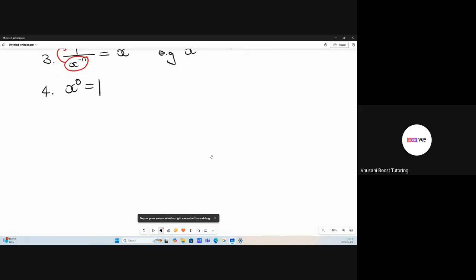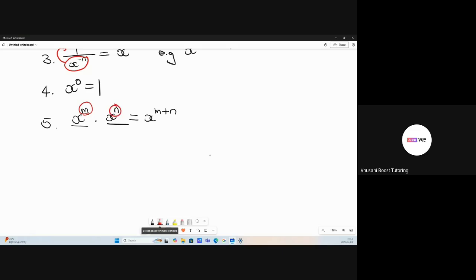We have another one that says if you have x to the power of m and you multiply it by x to the power of n, this is equal to x to the power of m plus n. Remember, if you have two bases that are multiplying with each other, you add the exponents, as you can see with what we did over there.